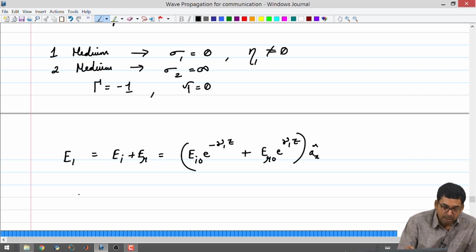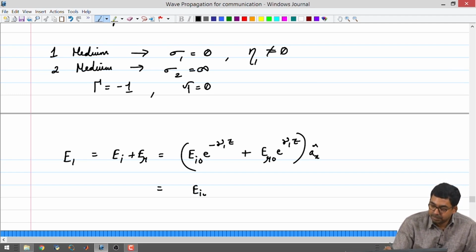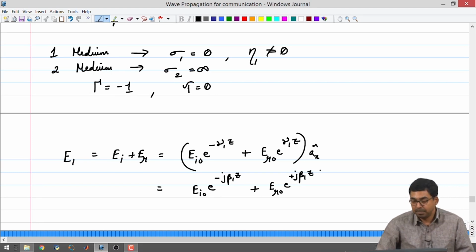Now, we know what this is going to be, alright. You have E naught e to the minus gamma 1 z, E naught e to the plus gamma 1 z. If you assume that sigma 1 is equal to 0, then they will simply become e to the minus j beta 1 z, right? So, you will have EI naught e to the minus j beta 1 z plus ER naught e to the plus j beta 1 z.